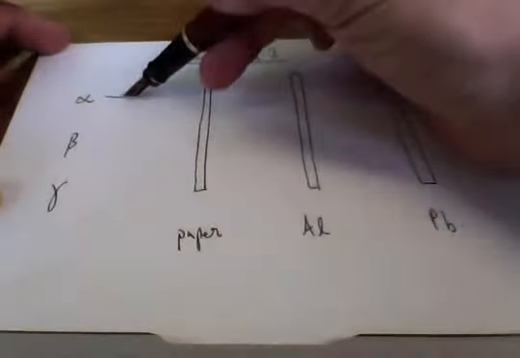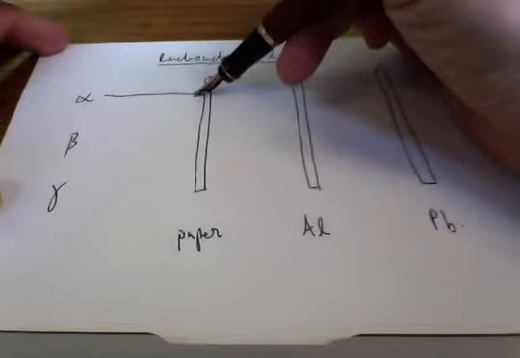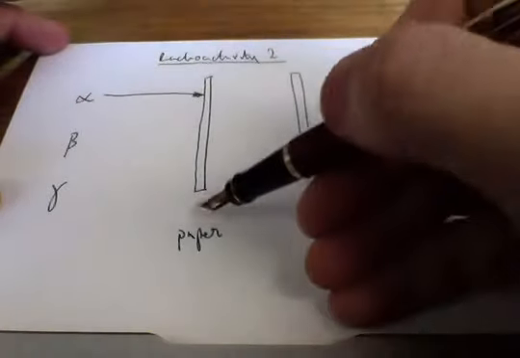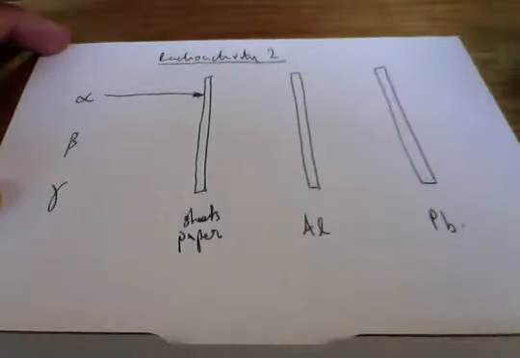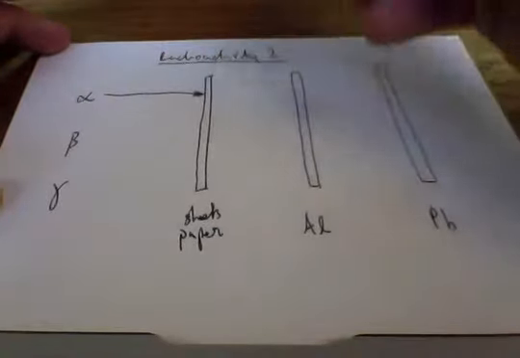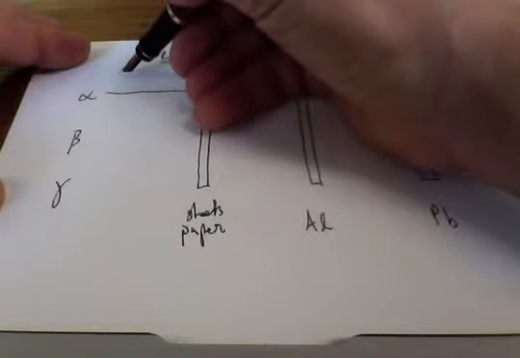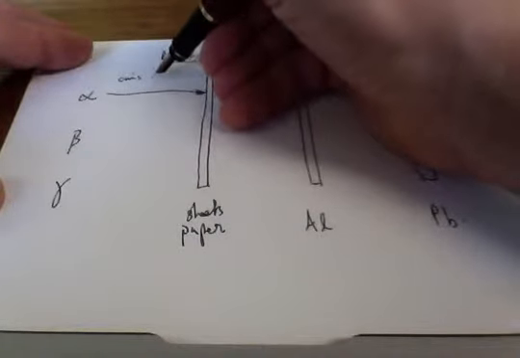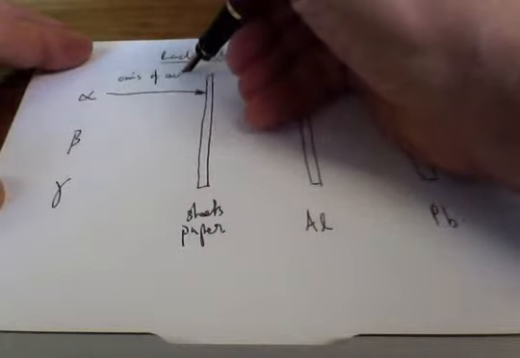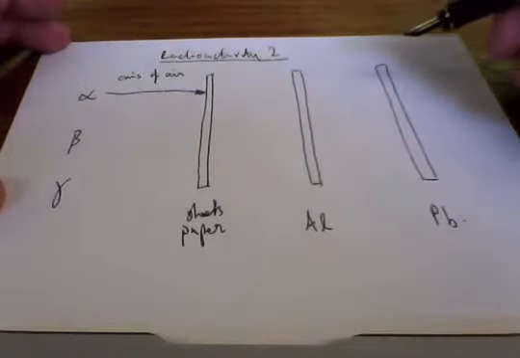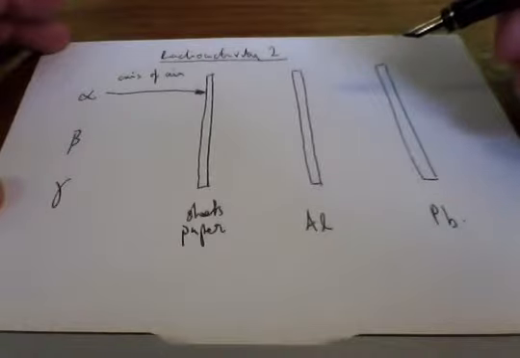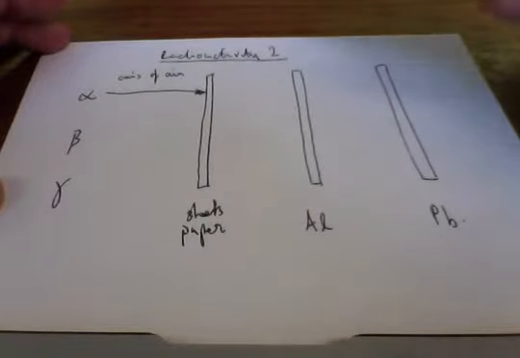Right, okay, first of all, alpha will get stopped by a few sheets of paper, or even before that, by a few centimeters of air. So just traveling through air, alpha will be stopped. And when I say stopped, it means it loses all of its energy and speed and just ends up stopping.